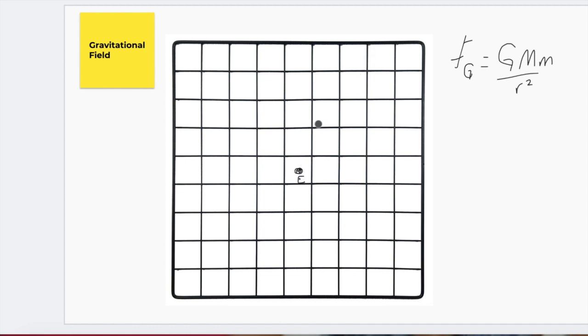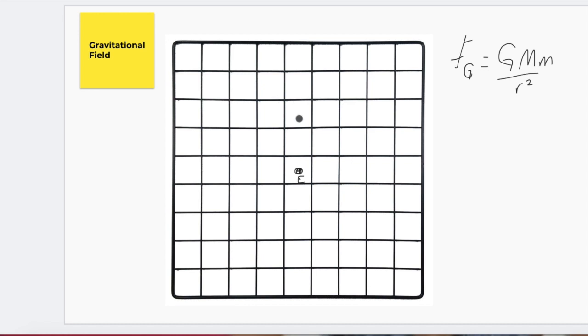E for Earth. What I want to do is calculate what the Earth's force of gravity would be on some mass if it were here, or here, or here, or any of these grid points in space.